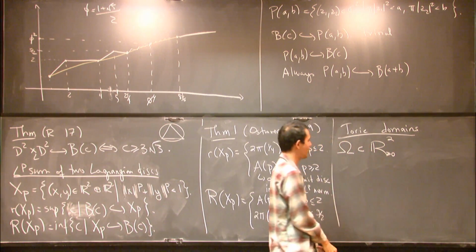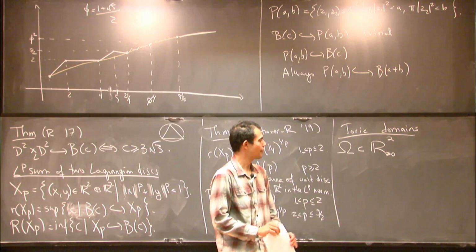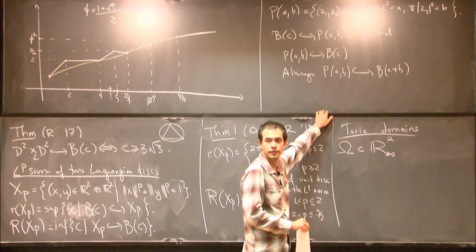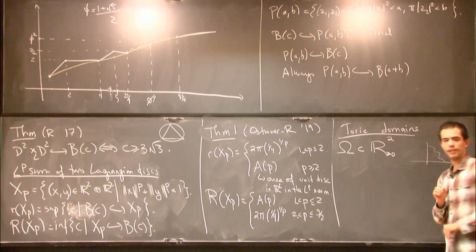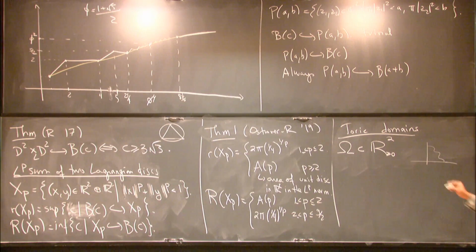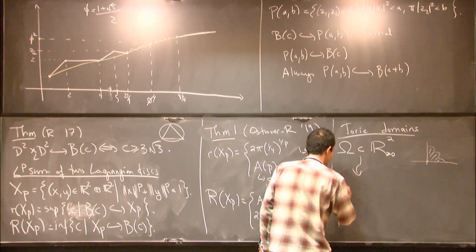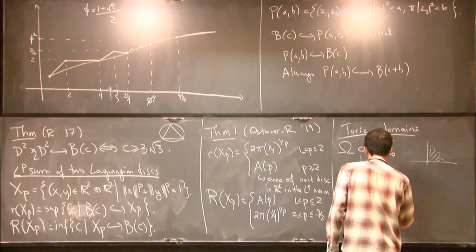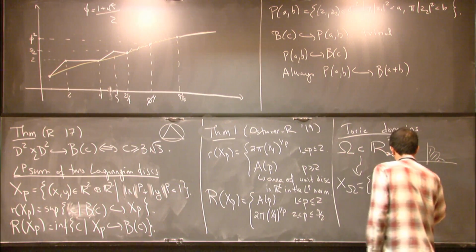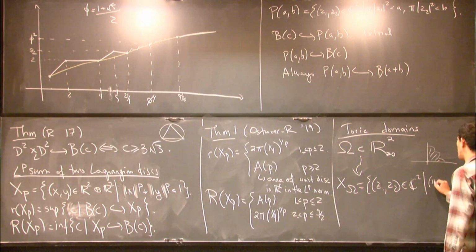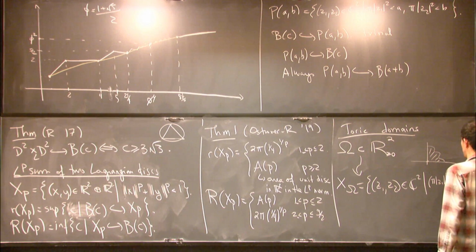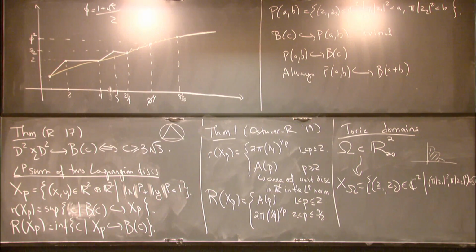So take a reasonable enough subset of the first quadrant of R2. Say, for example, that you want to take a region that's star-shaped with respect to the origin. And then from there, consider the set X omega of (z1, z2) in C2 such that pi times the norm of z1 squared, pi times the norm of z2 squared belongs to omega.